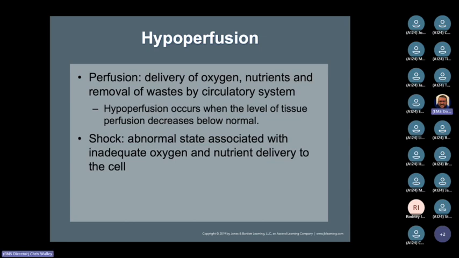If the body is compensating, some mechanisms are sufficient to stabilize the patient's condition, and then the shock is called compensated shock. If hypoperfusion overwhelms normal compensatory mechanisms and the patient's condition progressively deteriorates, we know that is decompensated or hypotensive shock. That was a mouthful just to say compensated and decompensated shock, but I wanted y'all to know what it was.